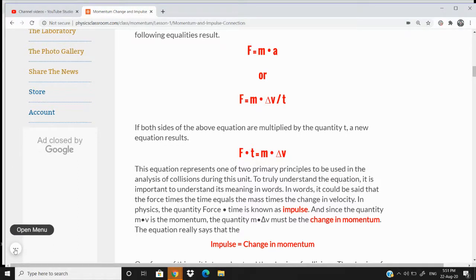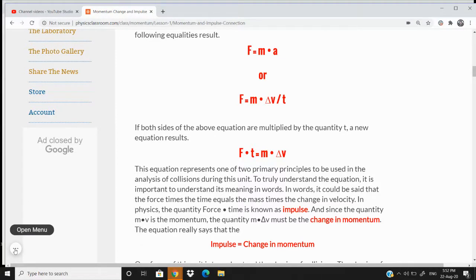This change in velocity can be represented as delta v. So instead of acceleration, we can write delta v divided by t, t for time. So on the screen, F is equal to ma, and for the acceleration a, we can write delta v by t.